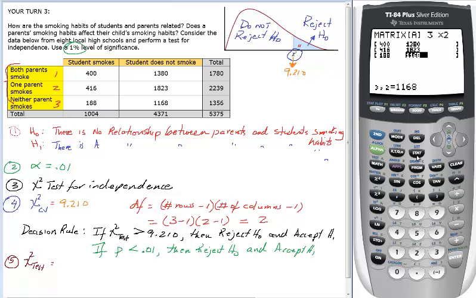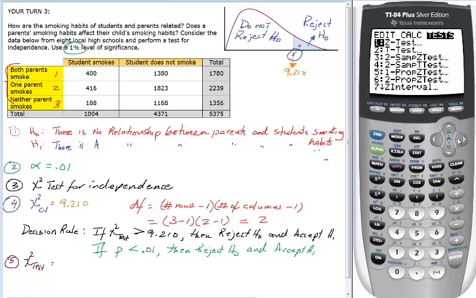It is. So next you go to stat mode, and of course we're over to tests. When you run a test, you know all the tests are here. And this is the chi-square test for independence, which is C, different than chi-square goodness of fit test, which we've done in previous examples. Okay, so we're into C, chi-square test of independence. Now enter.